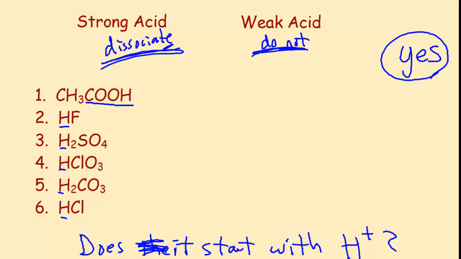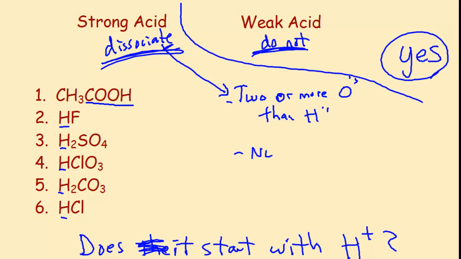So how do you tell a strong acid from a weak acid? The definition of a strong acid is if it has 2 or more oxygens than hydrogens, we're going to classify it as strong.